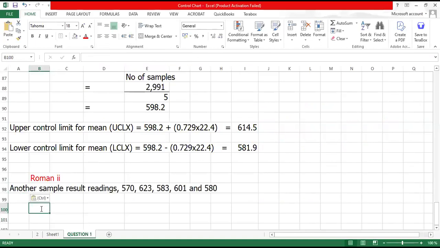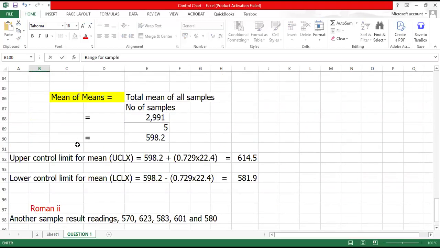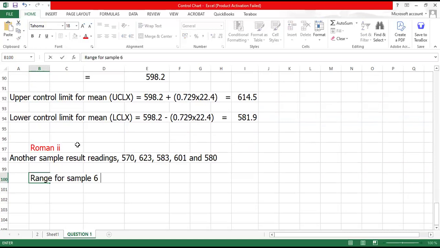We had only 5 samples, so this is for sample 6, which will be equal to the highest minus the lowest. What is the highest? 623. And the lowest, 570. And you get 53.